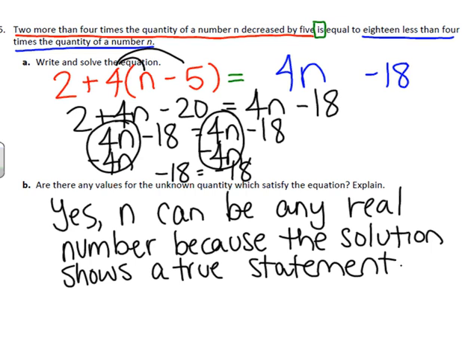Okay, you don't need to copy that exactly, but just have something along those lines that you can explain your answer.